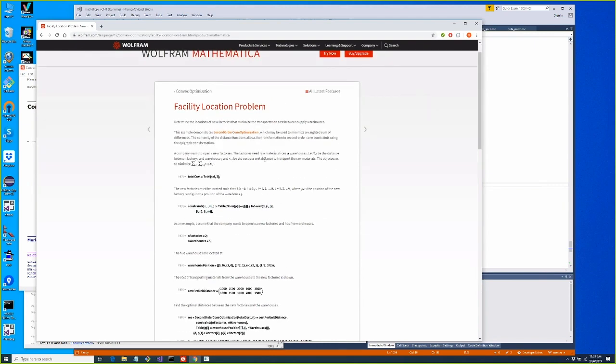So what we want to do in this problem is set up a certain number of new factories, and we need materials from another number of warehouses. We want to optimize the location of the factories to minimize the transportation costs from the warehouses.